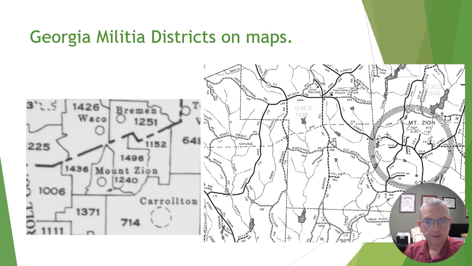So one thing that gets confused in the discussion a lot are Georgia militia districts. Now, you read about Georgia militia districts from the state bar paper and understand that they really have nothing to do with real property. They were militia or military management mapping units that were very loosely defined, loosely named.